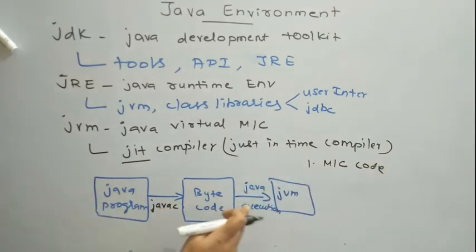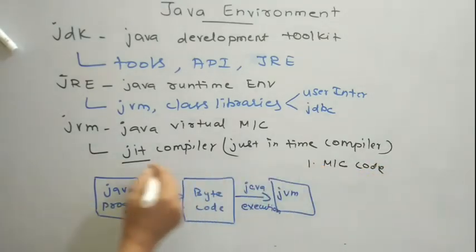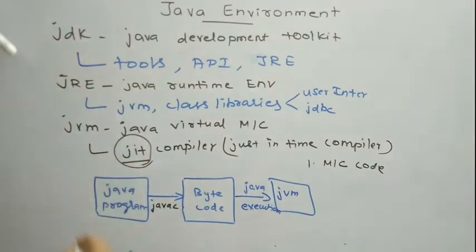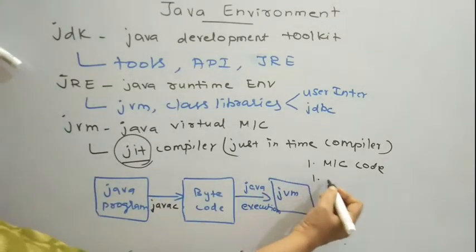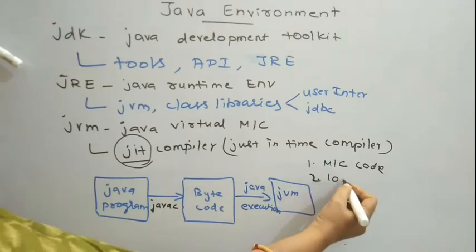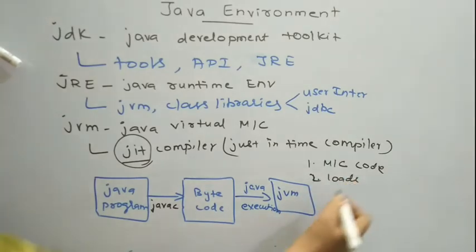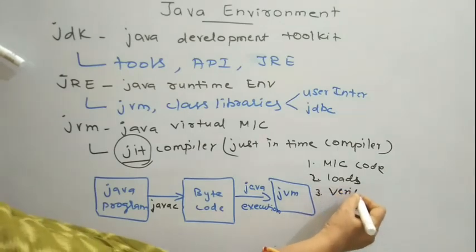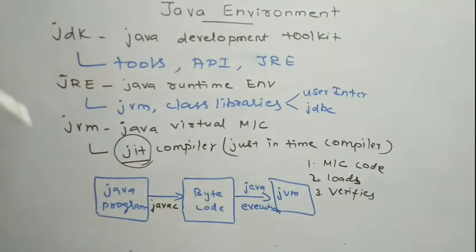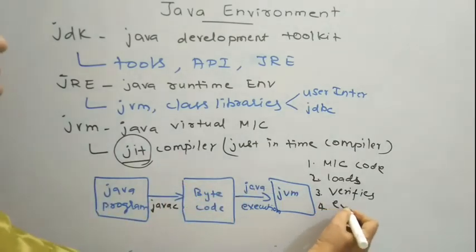So who is responsible for converting our bytecode into machine code? It is our JIT compiler. The just-in-time compiler will convert the bytecode into corresponding machine code, and then the machine code is loaded. It verifies our machine code for any errors, and then it executes our machine code.